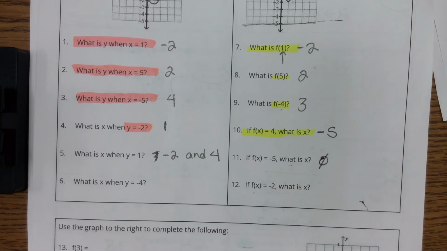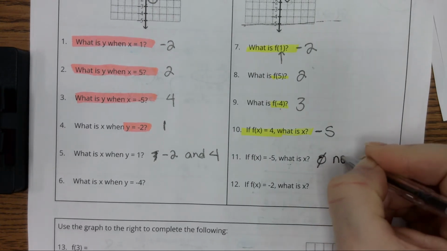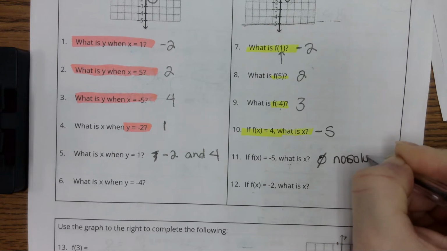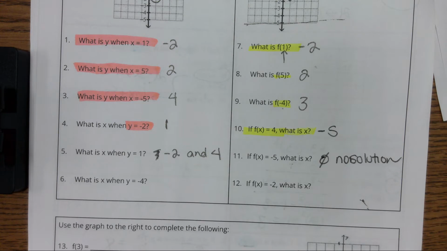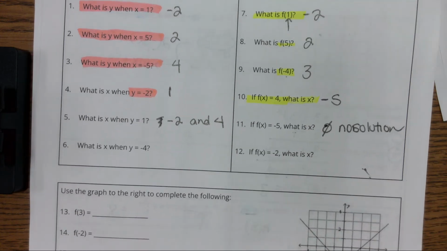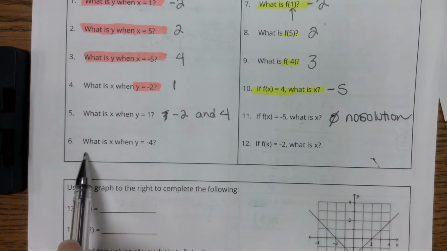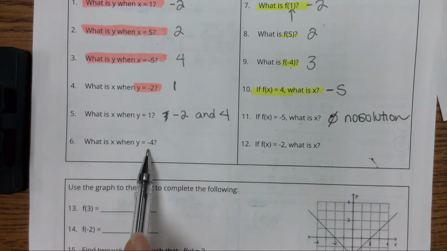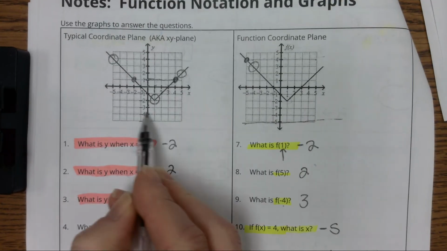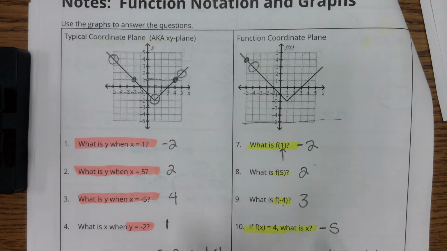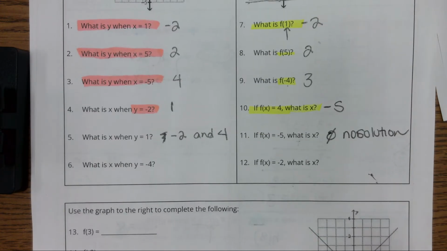No, you could say none or no solution to that. How about over here? What is x when y equals -4? Same scenario. There are no y values of -4 on that graph. So that would be no solution.